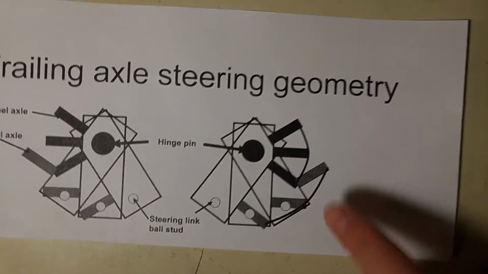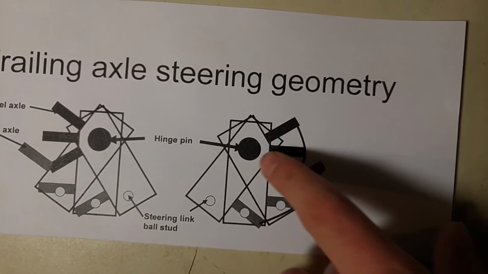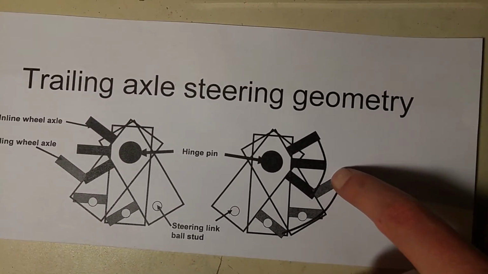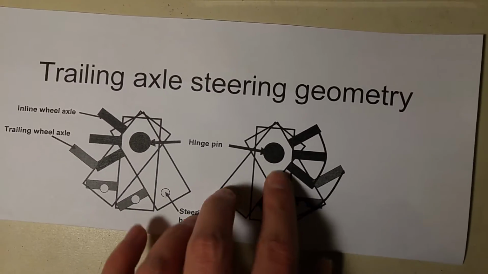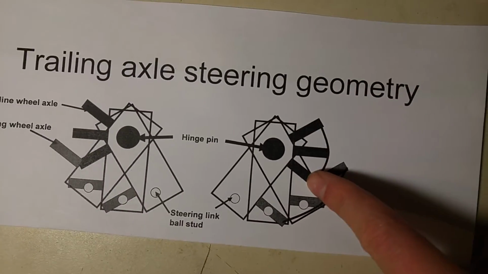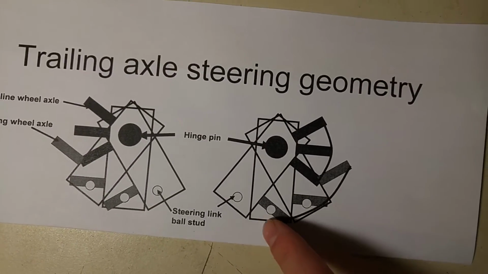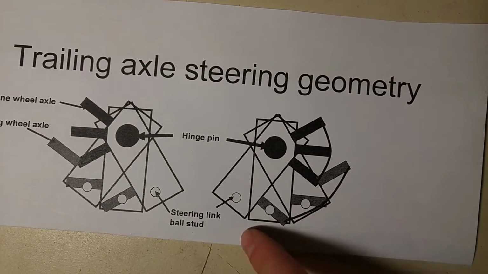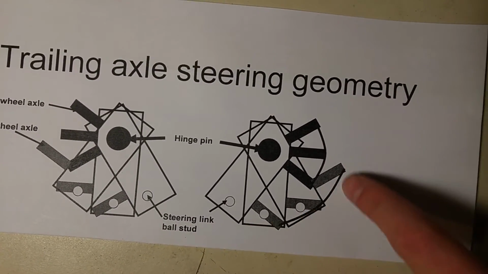What we see is that for the inline steering geometry, the wheel axle covers a relatively sharp arc, whereas for the trailing axle, the axle covers a much wider and smoother arc.